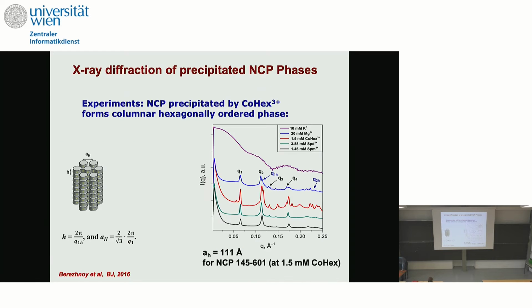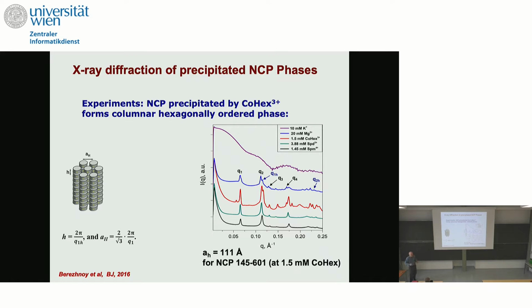And of course, this behavior is well known experimentally, and the pioneer studying this was Livolant in Paris. Later we did a very systematic study of the effects of histone tails on the formation of this ordered nucleosome core particle phase.